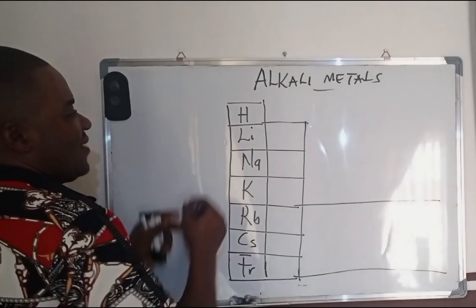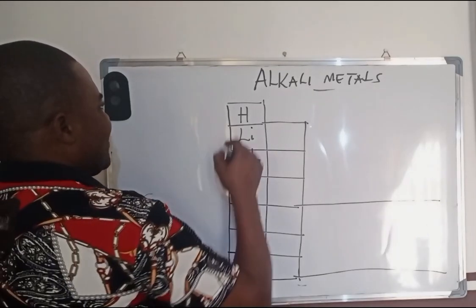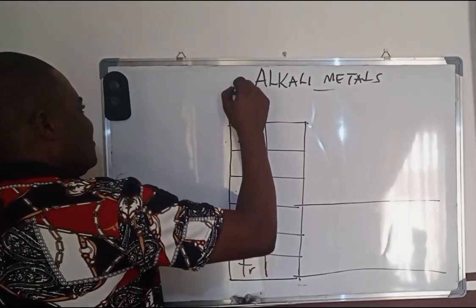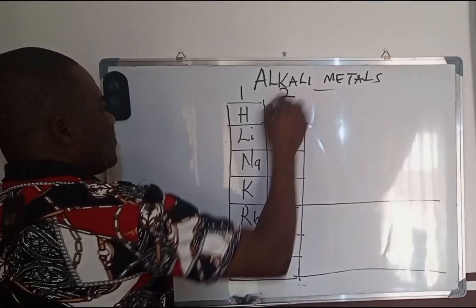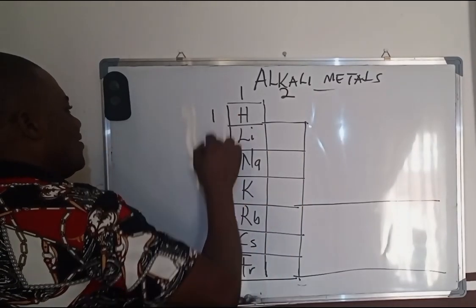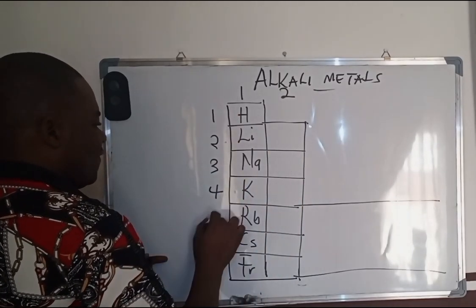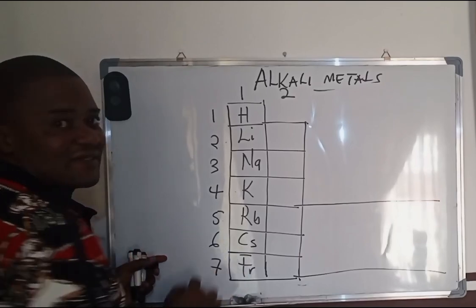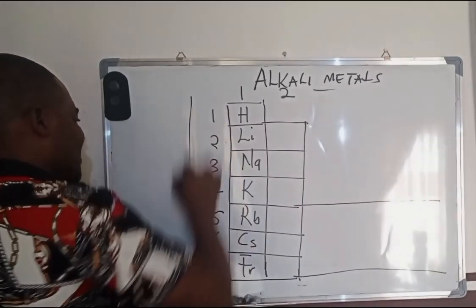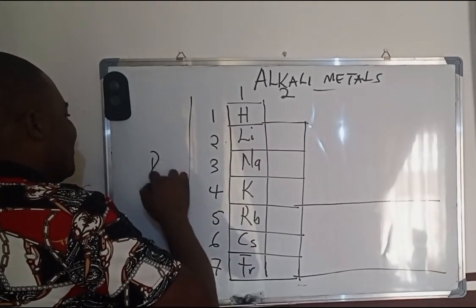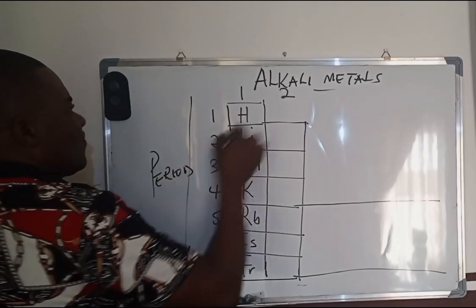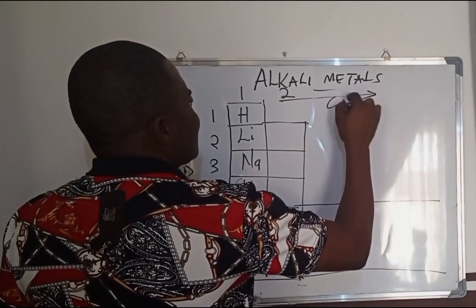This is your group 1, this is your group 2, and so on up to 7. Of course, this is your period, while across this way is your group.